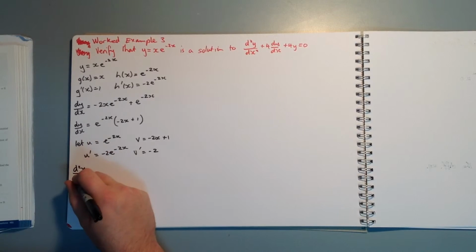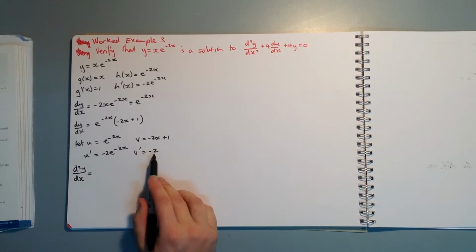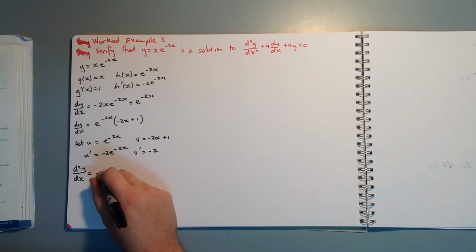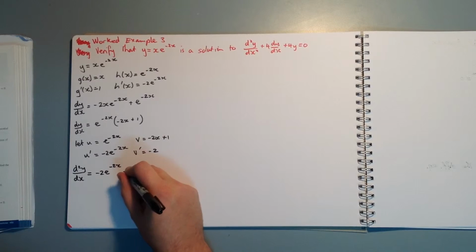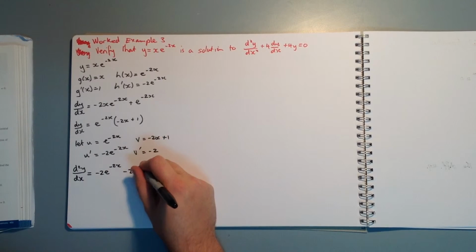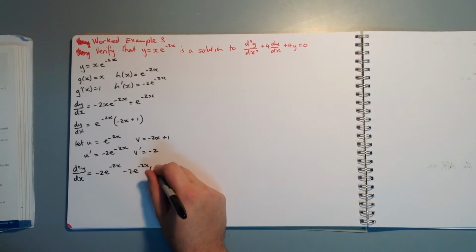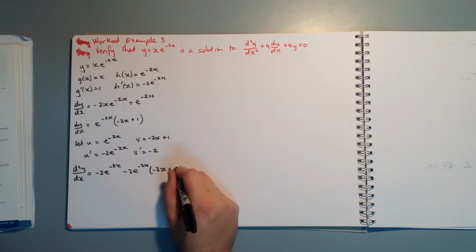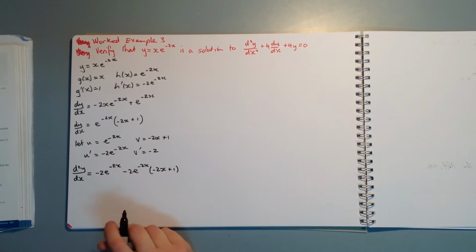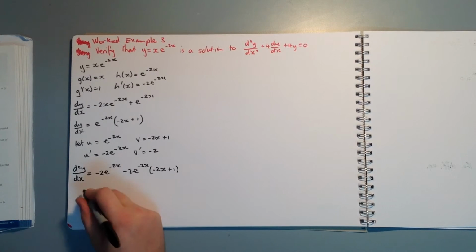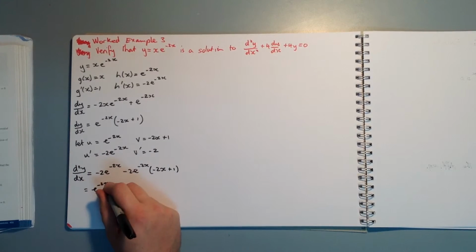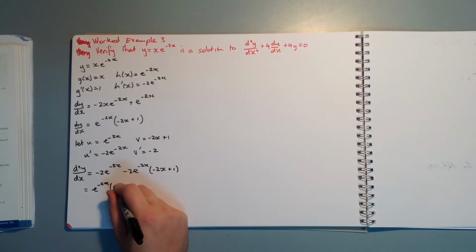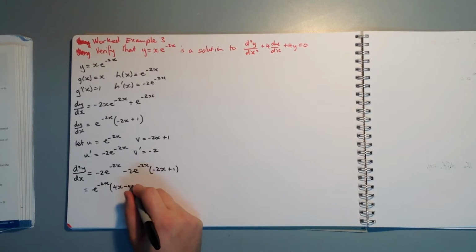When we bring these together, we get d squared y on dx squared equaling minus 2e to the negative 2x, and then minus 2e to the negative 2x times negative 2x plus 1, which we can simplify down to e to the negative 2x outside of 4x minus 4.